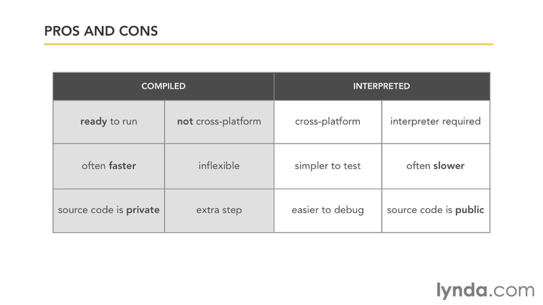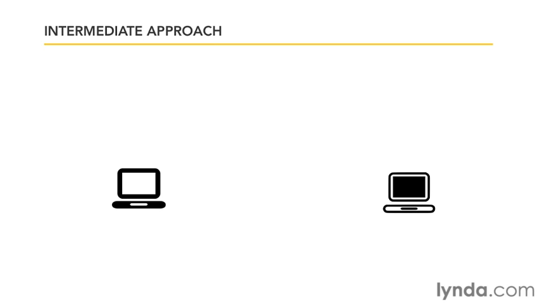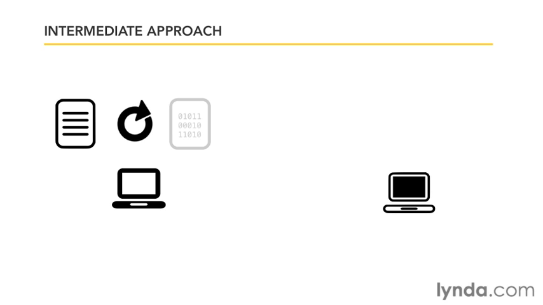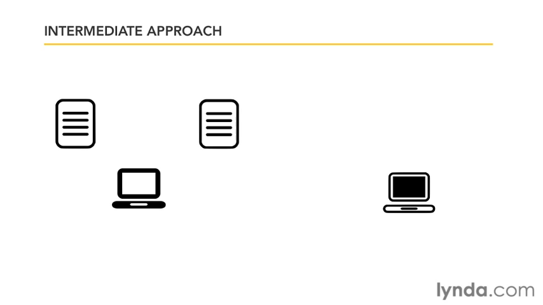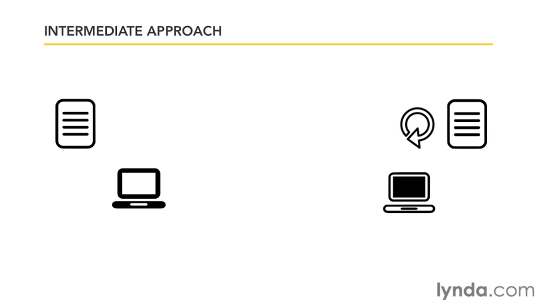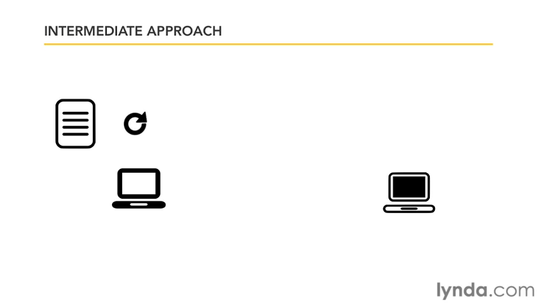Now, because there are good things about compiled languages and good things about interpreted languages, there's also a third way of doing this, which is a bit of both. Instead of the compile model where all the work is done up front but can be a little bit inflexible, or the interpreted model where all the work is done on the receiving end but can be a little bit slower, we kind of do half and half. Up front, we compile it part of the way to what's called an intermediate language, which takes it as far along the way to machine code as it can get while still being portable, often across platforms.